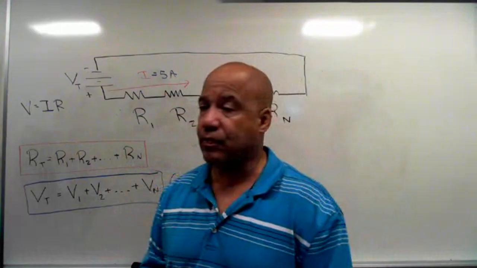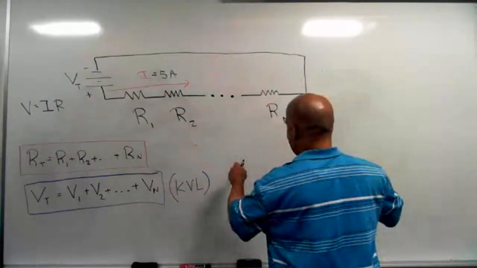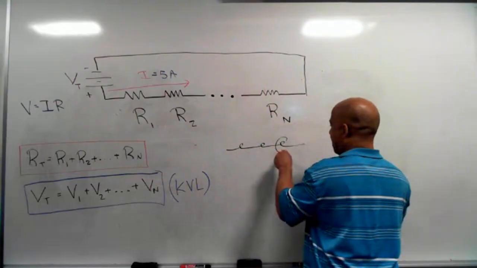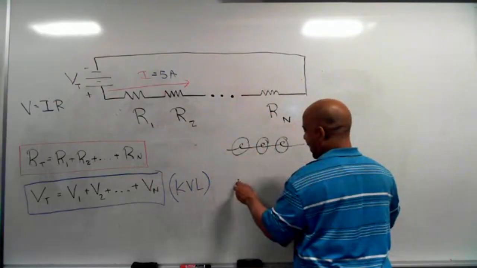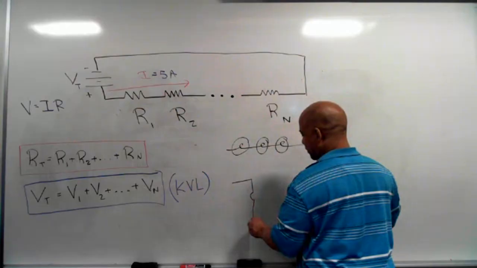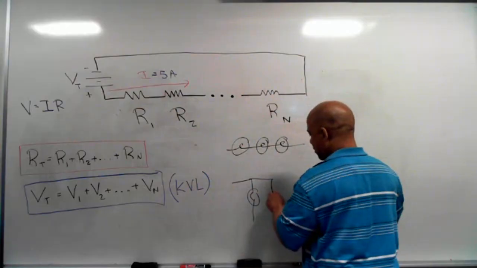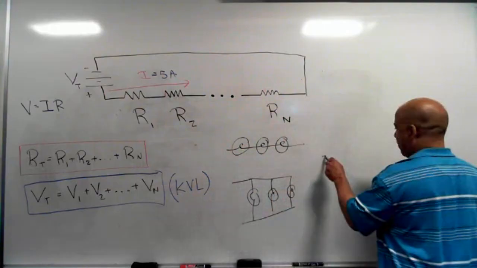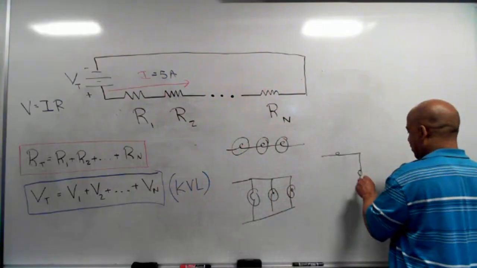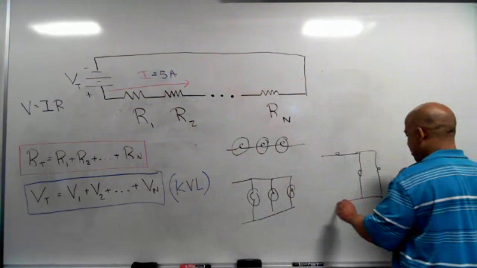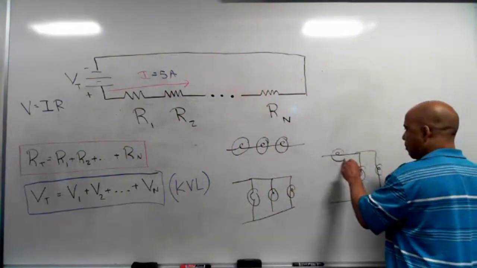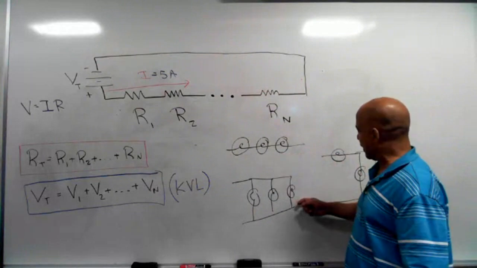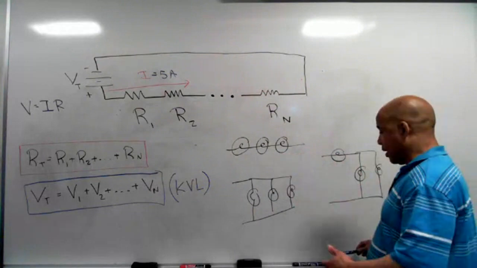So if you go back to the example I gave you at the beginning of class, I had 3 light bulbs like this. I have 3 light bulbs like this. And I have 3 light bulbs like this. I had a series circuit, I had a parallel circuit, and I had a series parallel circuit.